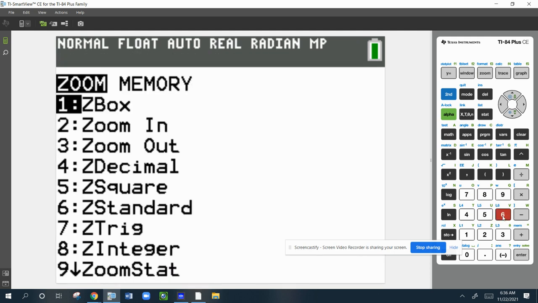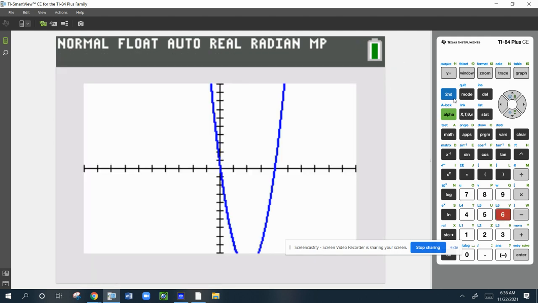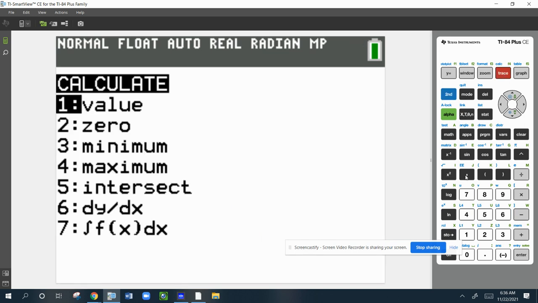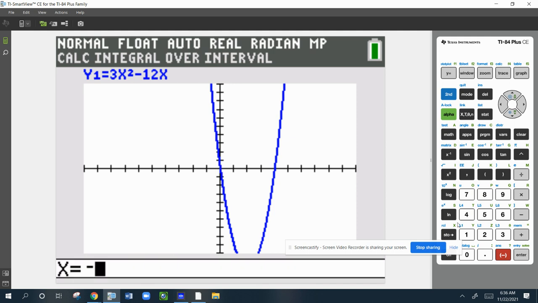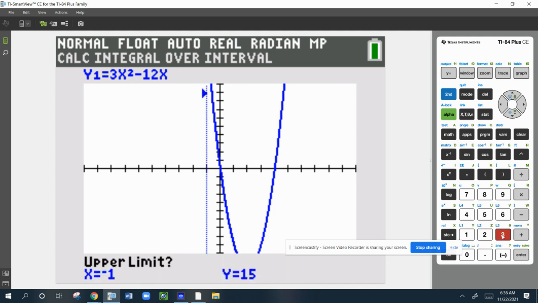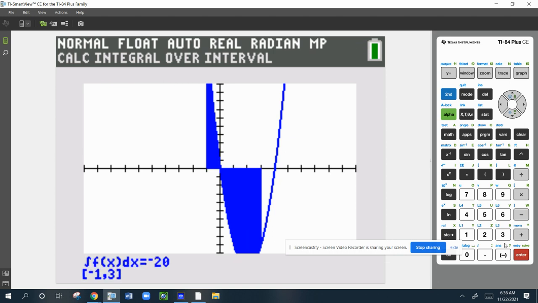I'm going to zoom 6. Second calc integral. When it says lower limit, I'll type -1, enter. Upper limit will be 3, enter. And it gives me the answer of -20.